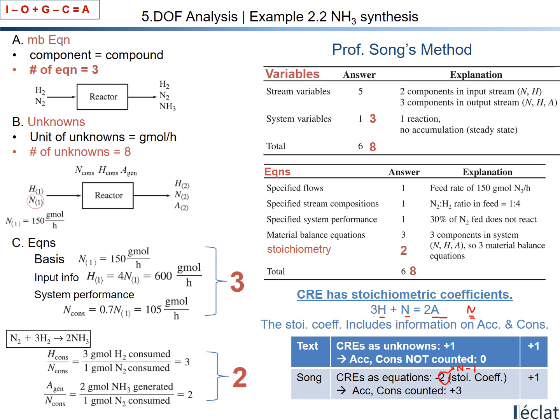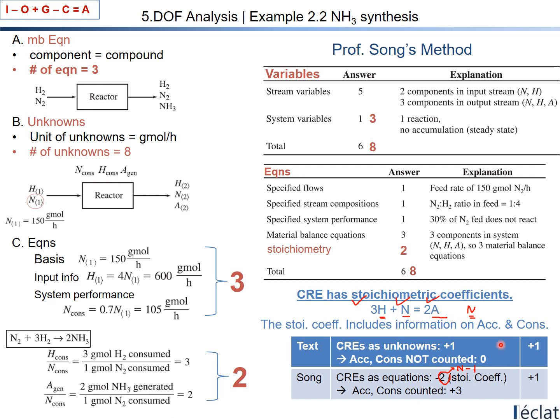And then, what is the number of accumulation terms and consumption terms in this case? For hydrogen, you would have the consumption term. How about nitrogen? You would have the consumption term. How about ammonia? You should have the generation term. So accumulation terms and consumption terms would be counted as 3 in this case, because you have 3 entities.